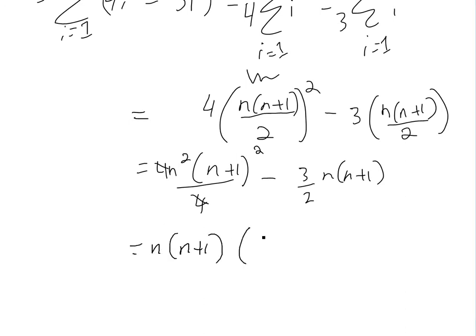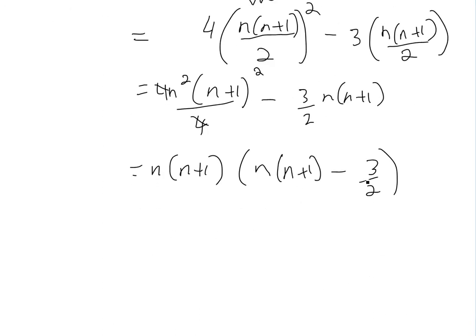Now we're going to be left with, on the top here, an n. We took one n out, and then there's going to be an n plus 1 left, and then minus 3 over 2. That's what we have here. And we could simplify this a bit further, just times by a common denominator, in this case 2 over 2, so we could add these up, and you'll get a final answer of n times (n plus 1) at the top, and this whole thing at the bottom is going to be divided by 2.